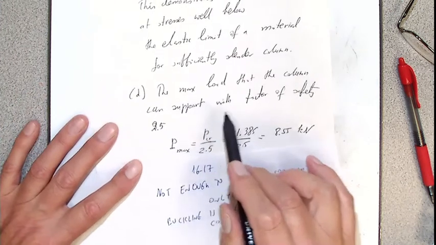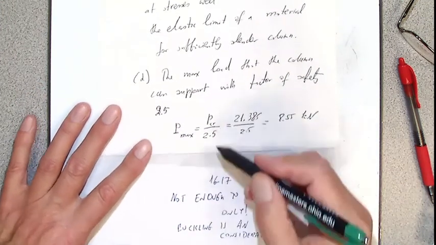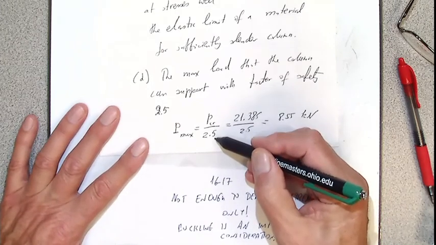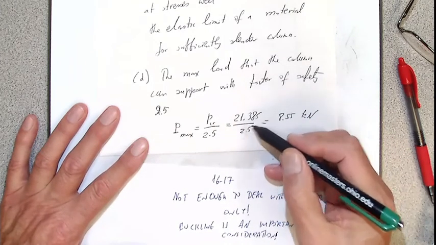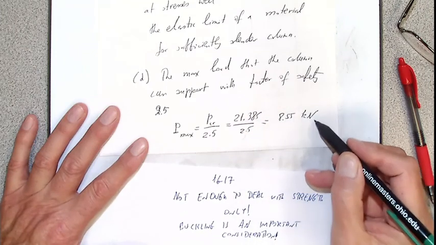The maximum load that the column can support with a factor of safety 2.5 will be P critical divided by 2.5. 21,385 divided by 2.5 equals 8.55 kilonewtons.